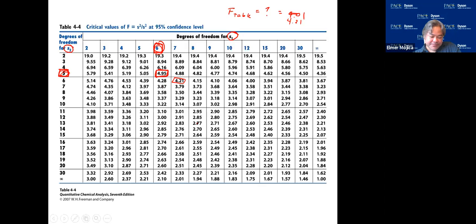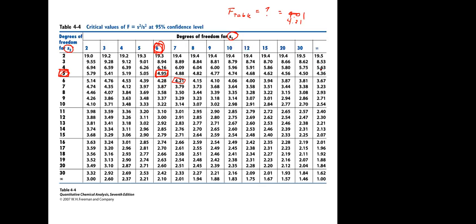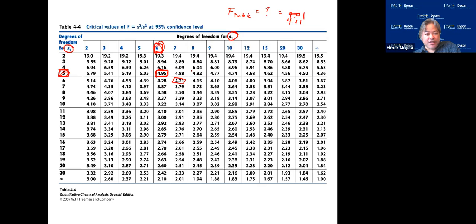Did you get that? Because that will be a deduction if you compare it with the wrong value. Even if you say 4.21 is the one that you get, and it's still larger than 3.4, that's not the one that you should compare your F calc with.